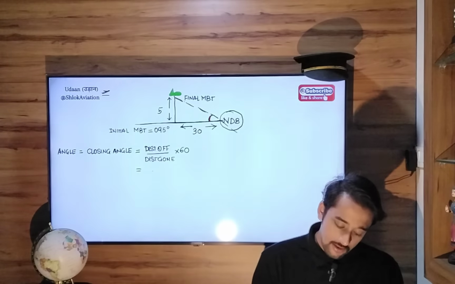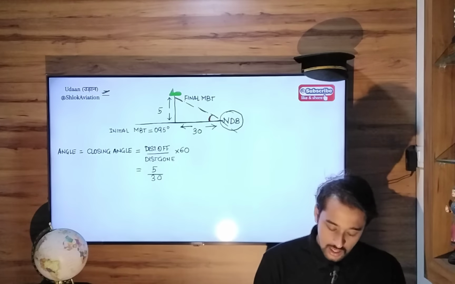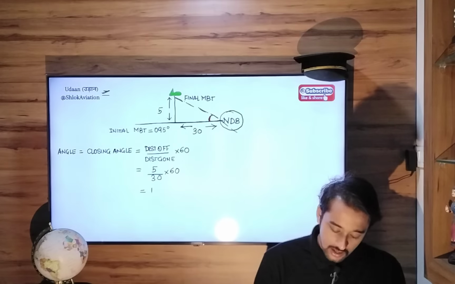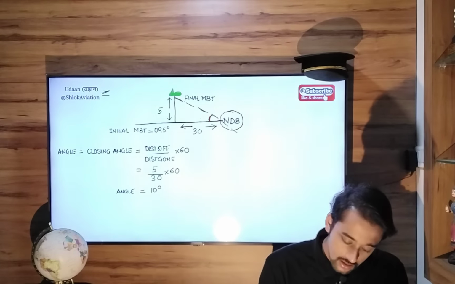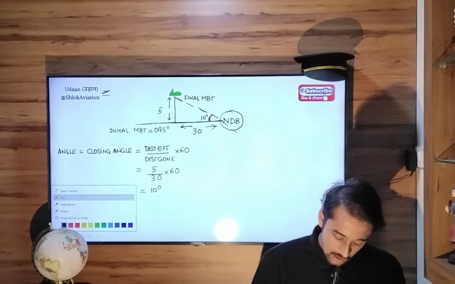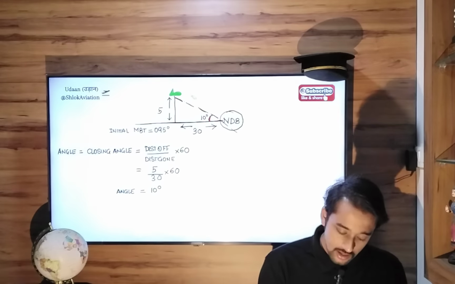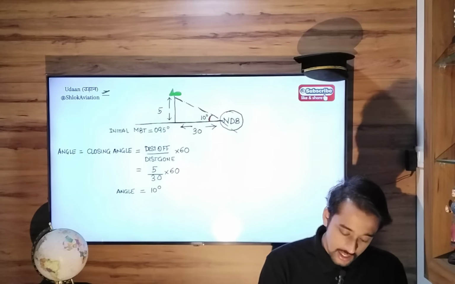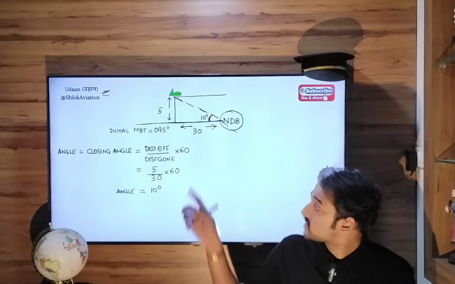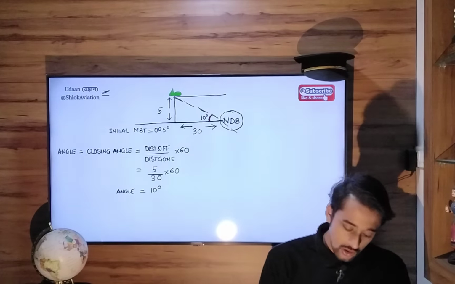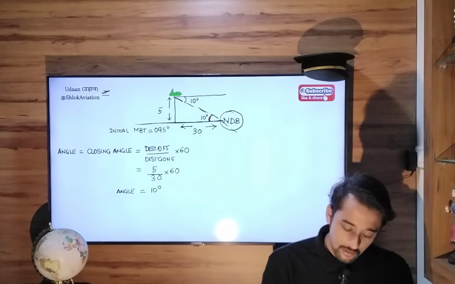So 5 divided by 30 into 60 is 10 degrees. So angle is 10 degrees. If this is 10 degrees, I will also write 10 degrees here. Alternate angles are equal. That's why if this is 10 degrees, this will also be equal to 10 degrees.